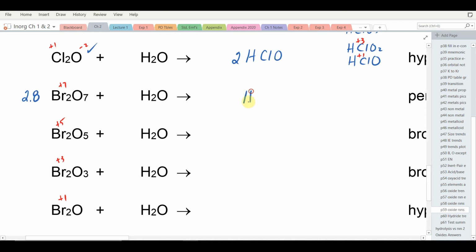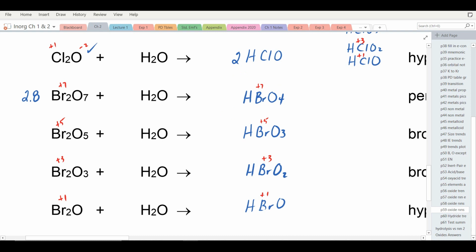They'll be HBrO4, perbromic acid, HBrO3, bromic acid, HBrO2, bromous acid, and HBrO, which is hypobromous acid, in which the oxidation states are +7, +5, +3, and +1. And notice the bromine 7 oxide forms the oxyacid with an oxidation state of +7.